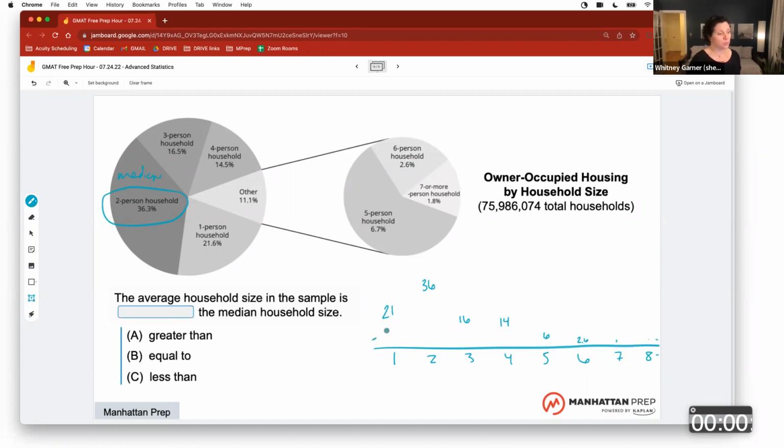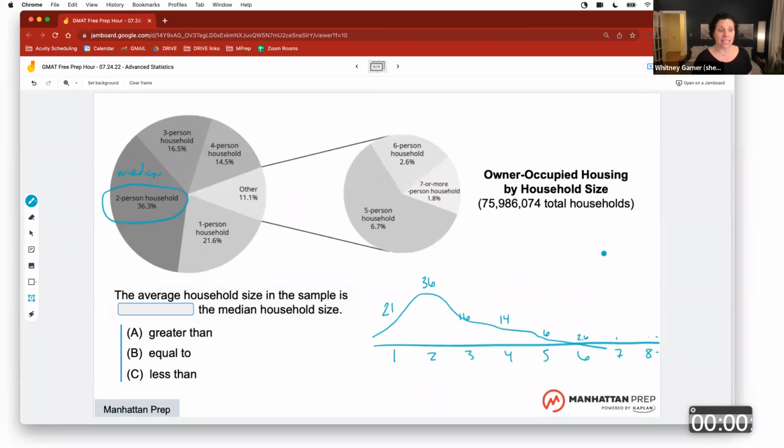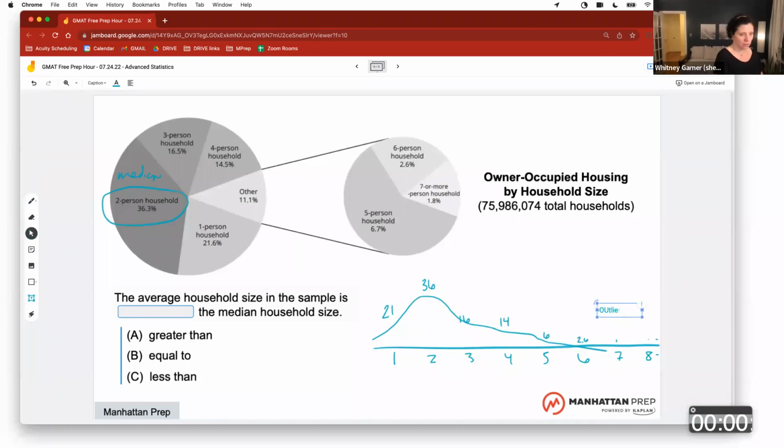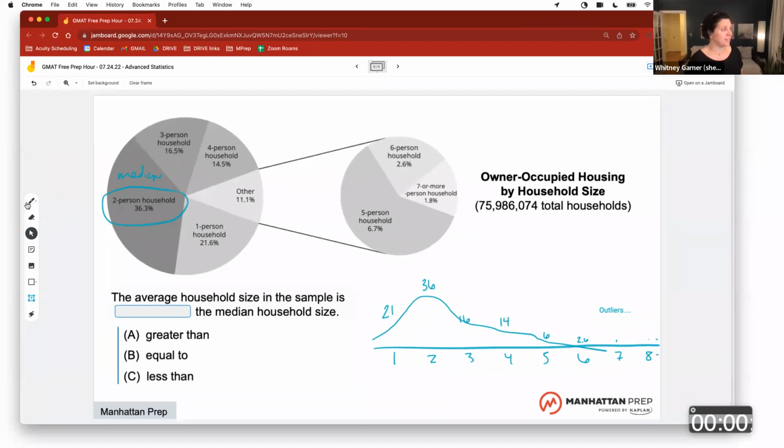So if I look at my distribution, right, and it sort of tails off over here, that end is my tail. These are my outliers. And so if these little suckers over here are my outliers, the median will still sit here, but the average will be pulled towards those outliers.